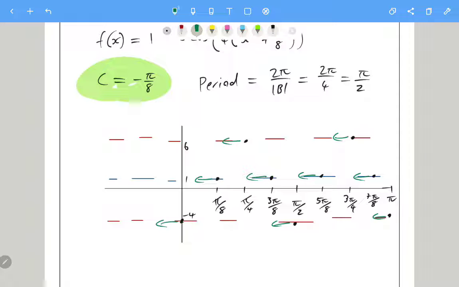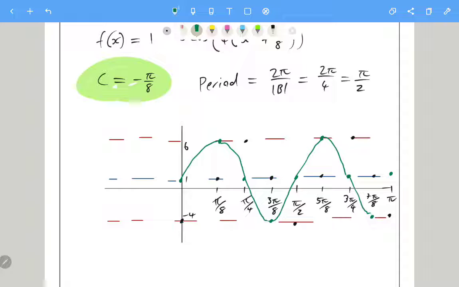That's going to happen to every single point. And you can see after actually performing that shift that we get this new function here, which looks like quite a familiar shape.